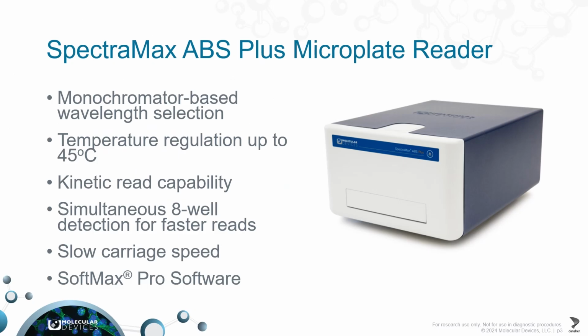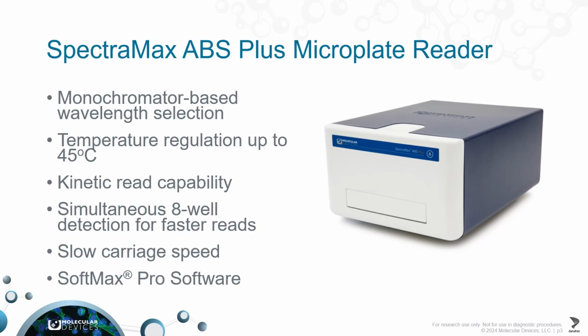This single-mode absorbance reader has some features that make it ideal for bacterial endotoxin testing. Monochromator-based wavelength selection means that you don't have to install different filters for each assay because you have wavelengths all the way from 190 nanometer to 1000 nanometer, all included on board the reader. Temperature can be regulated from 5 degrees Celsius above ambient to 45 degrees.